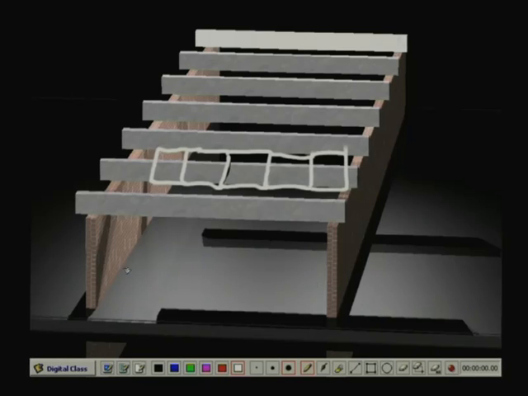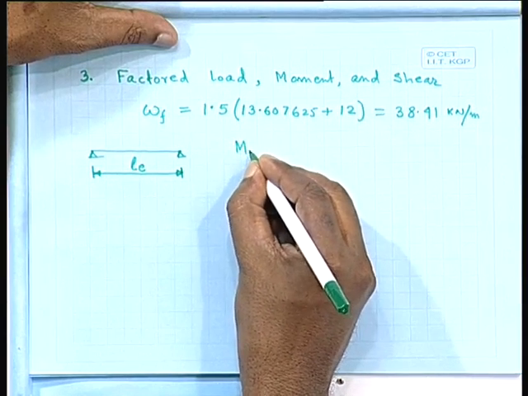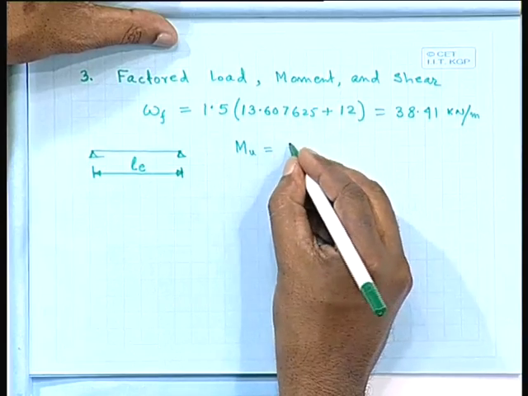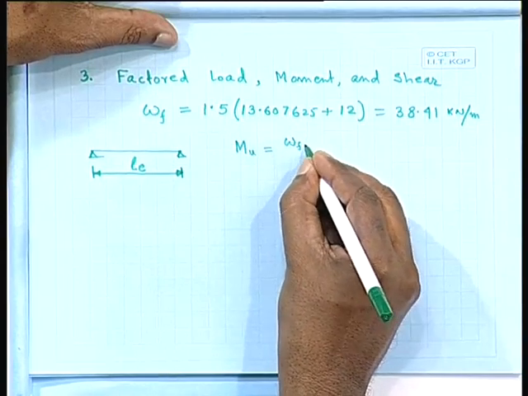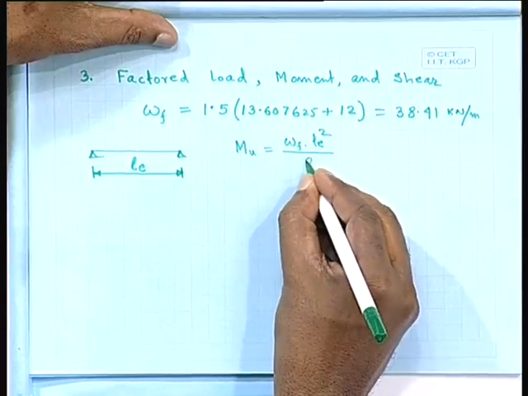Unless otherwise specified, we shall take the center to center of the wall. So, we shall get moment Mu equal to Wf times Le square by 8.